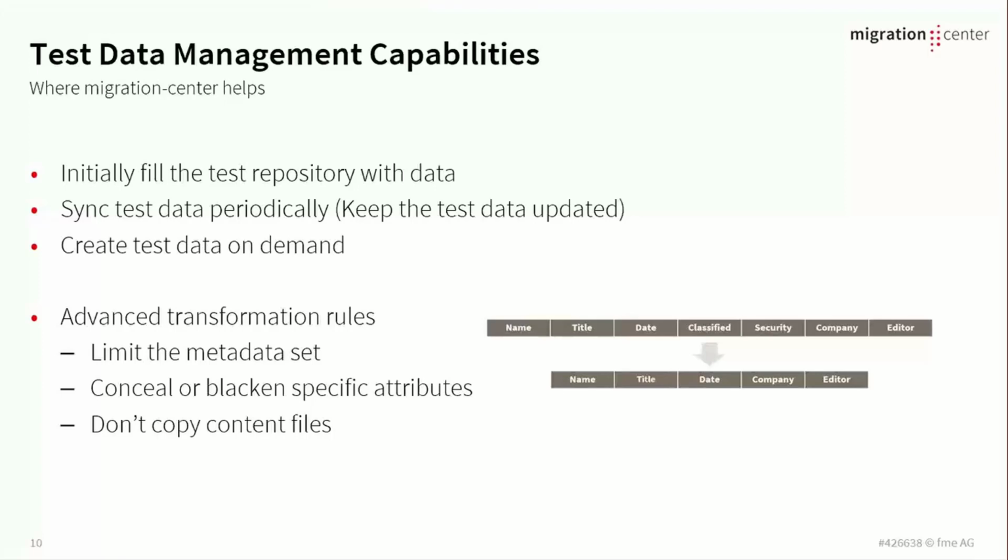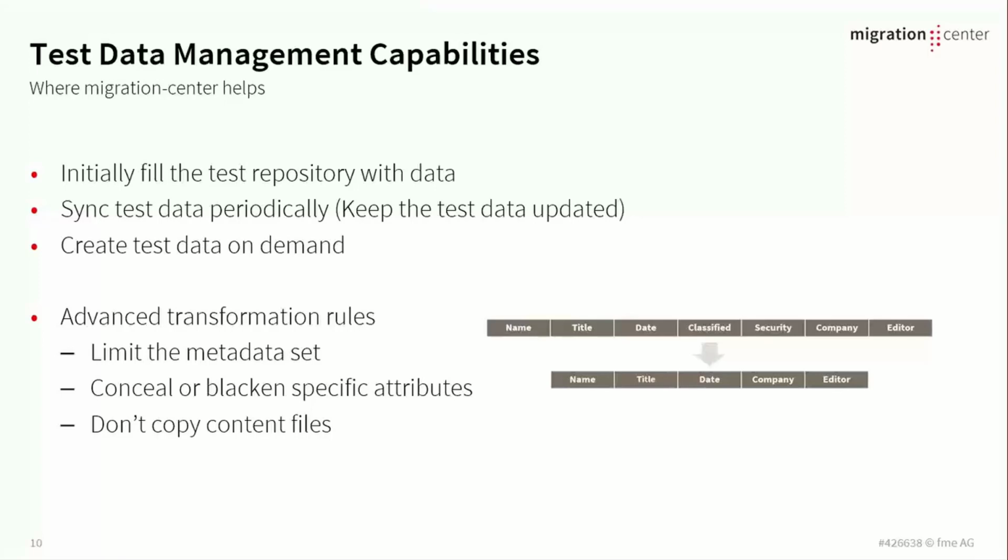And with the transformation rules you can also conceal or blacken specific attribute values. So you are totally flexible. For example, depending on the target platform or test repository, you may blacken or conceal different attribute values.